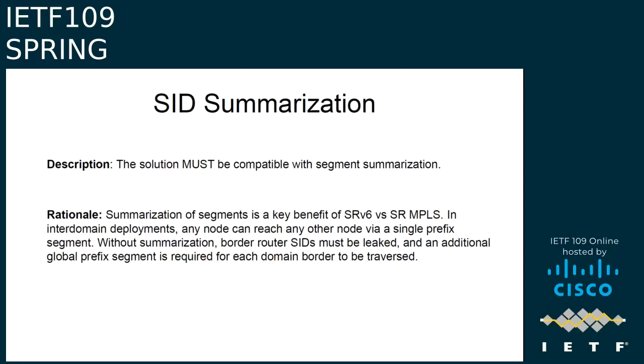Without summarization, border router SIDs must be leaked, and an additional global prefix segment is required for each domain border. So the design team thinks this is a necessary requirement. Next page.